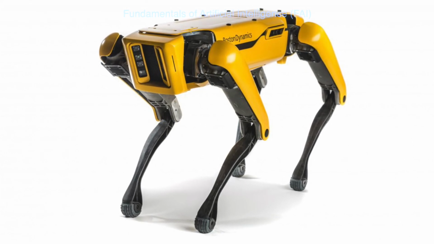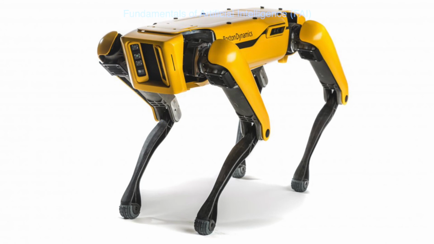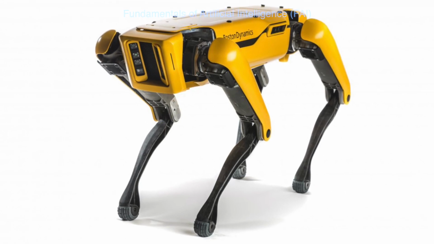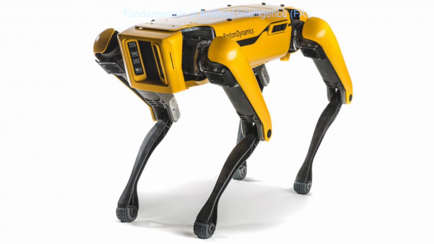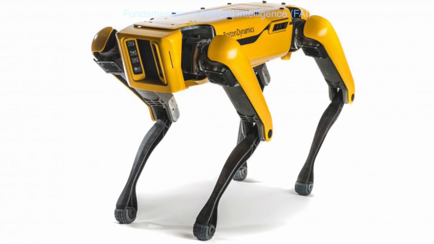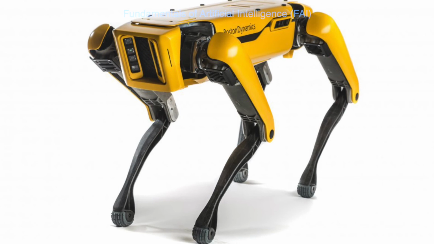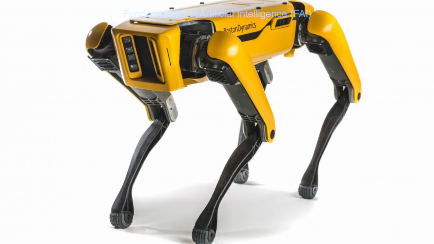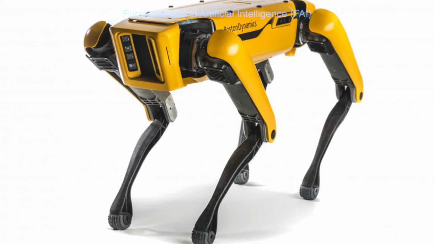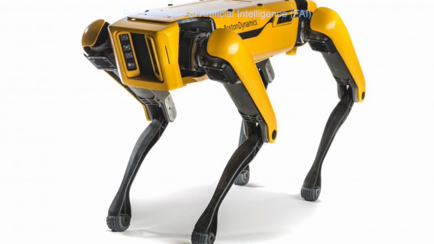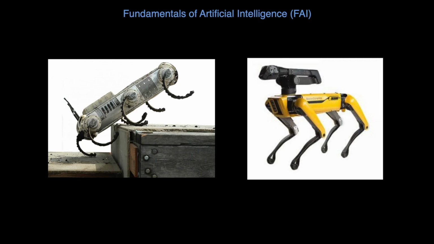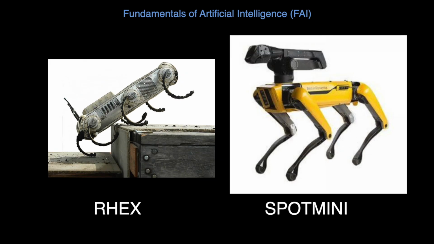So as you can see on the screen, the robot Spot was developed in the year 2005 by the company Boston Dynamics. This builds advanced robots with remarkable behavior, with mobility, agility, dexterity, and speed. So here are also some other examples of robots which were also developed in the same year, Rex and Spot Mini.